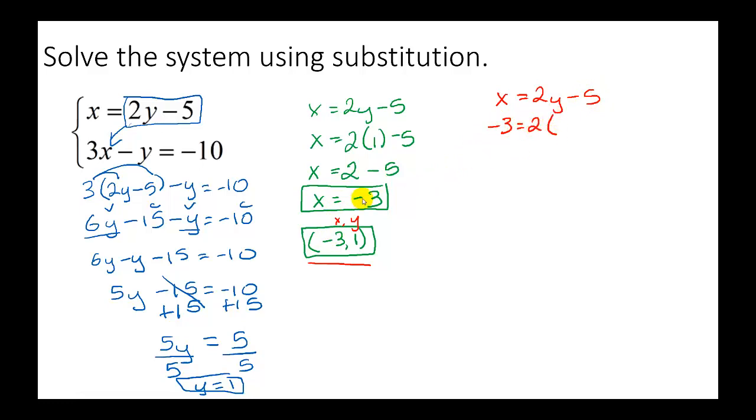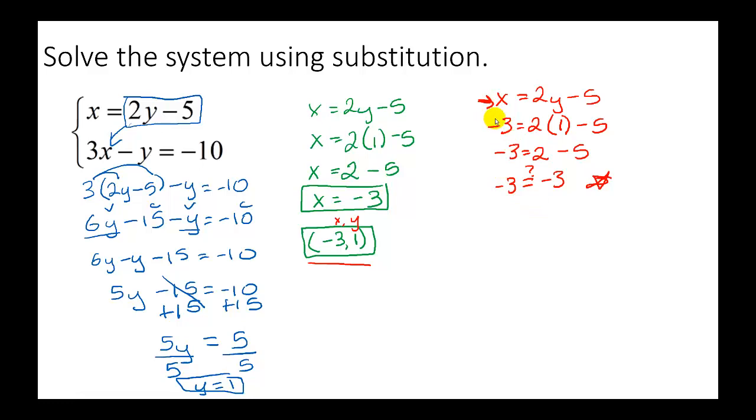Is equal to 2 times y becomes 1 minus 5. Negative 3 is equal to 2 times 1 is 2 minus 5. 2 take away 5 is negative 3. Does negative 3 equal negative 3? Yes. Our solution of negative 3, 1 works for the first equation.